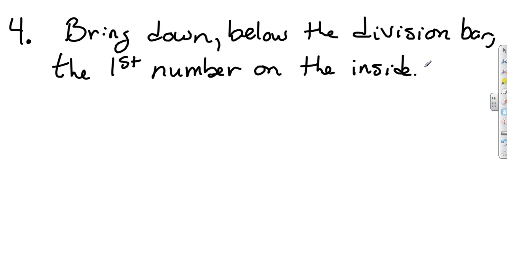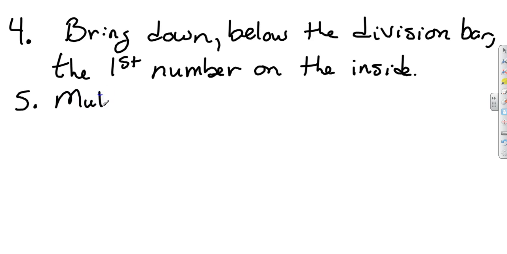Bring down the first number that's on the inside. And you could call this 4A or 4B. We'll just call it step 5 because it's the next thing you're going to do.